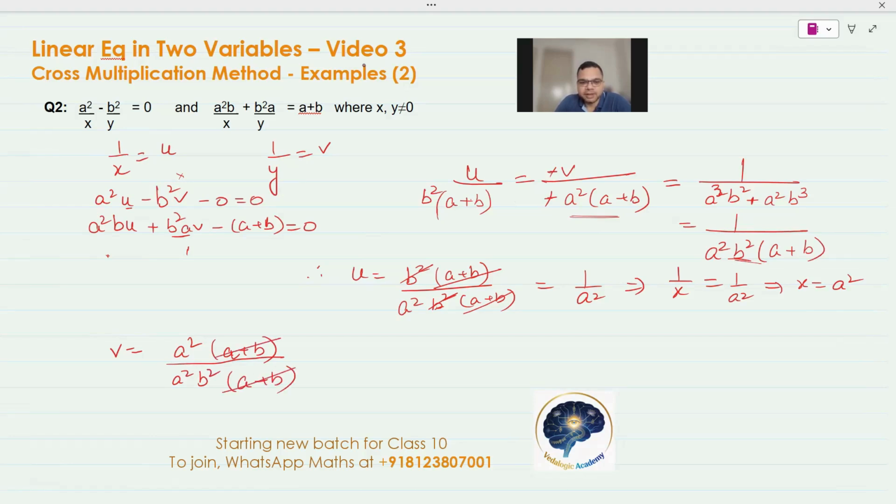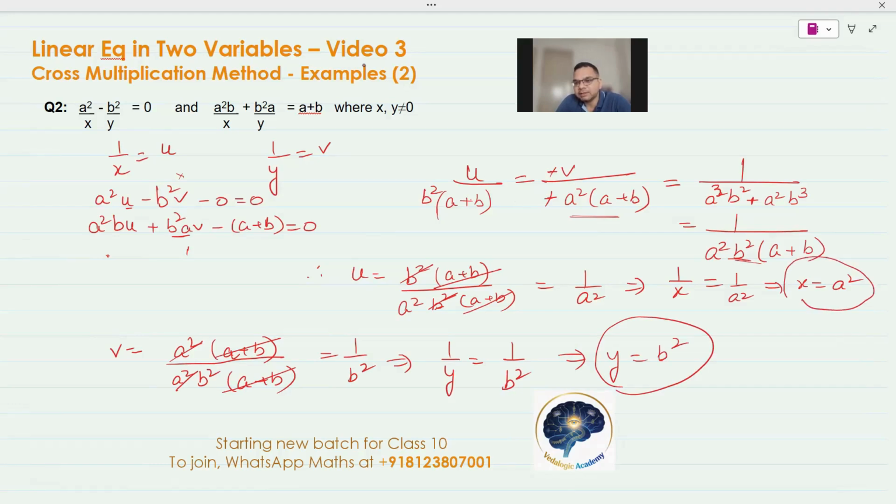Again, these things get cancelled and v becomes 1 upon b square, which means 1 upon y becomes 1 upon b square, and therefore y is b square. So this is the answer for y, and that is the answer for x. So we have found x and y both, right?